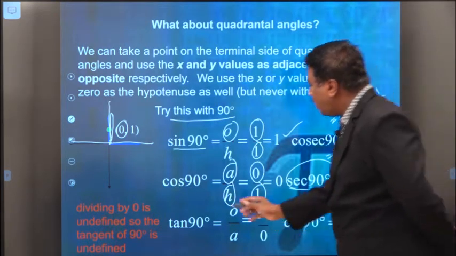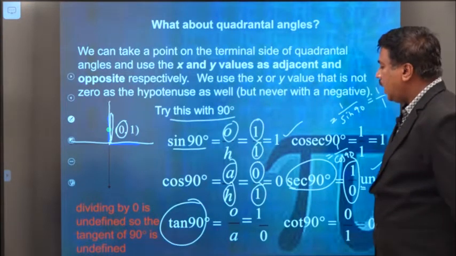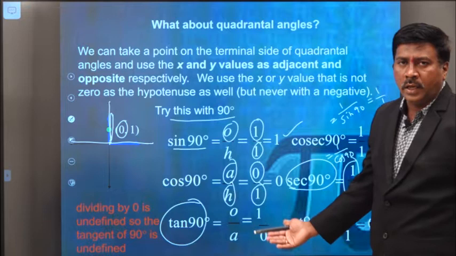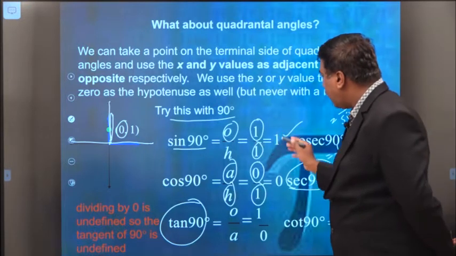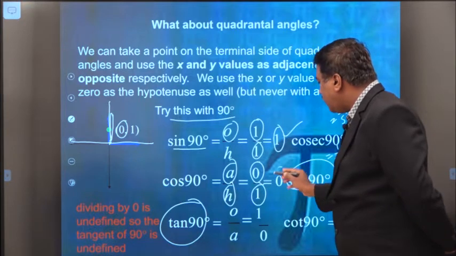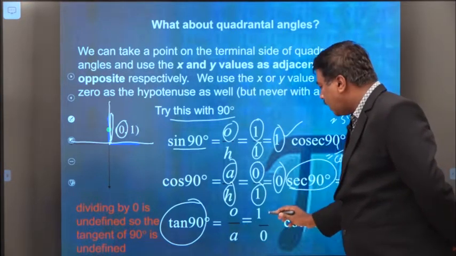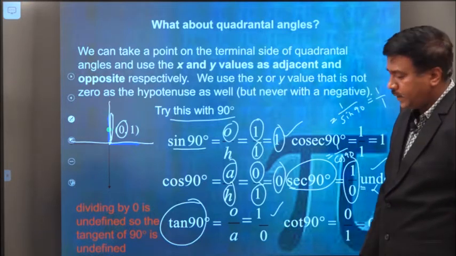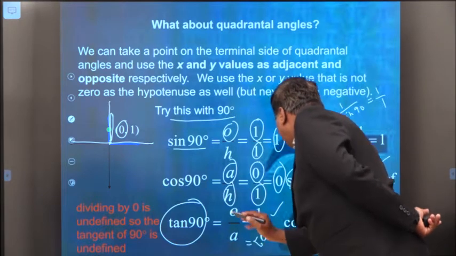Depending upon this, we have to find the value for tan 90. Tan 90 means sin 90 by cos 90. When you evaluate these values, this one is 1 and this one is 0, that means opposite side by adjacent side. So we get 1 by 0, which is equal to infinity.